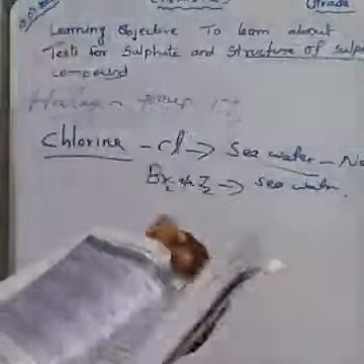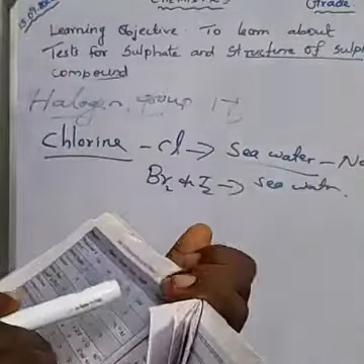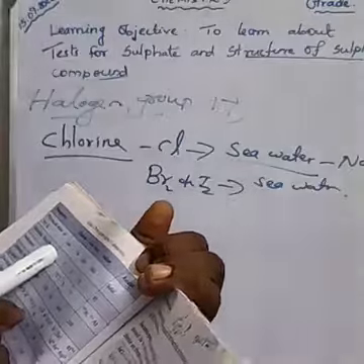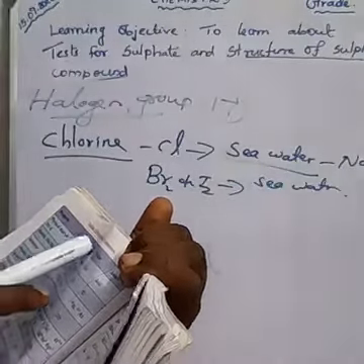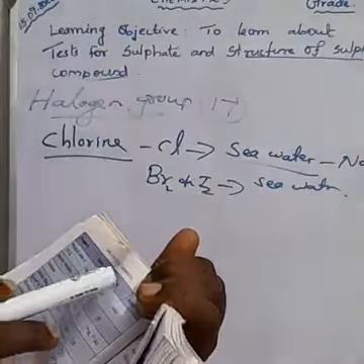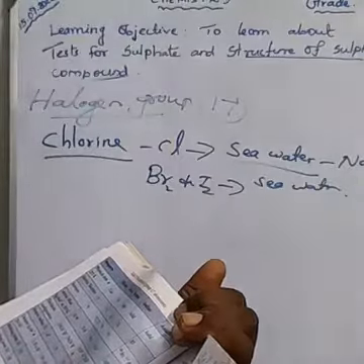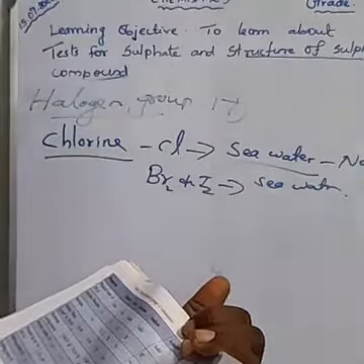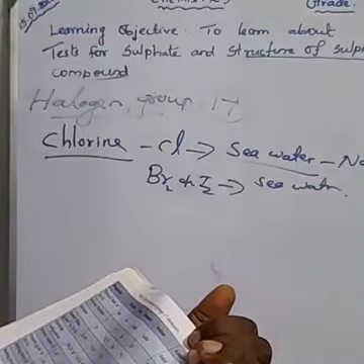The properties are listed for fluorine, chlorine, bromine, iodine, astatine. Fluorine is a gas, chlorine is a gas, bromine is a liquid, and iodine is a solid. Also the atomic number, and the isotopes are very important.